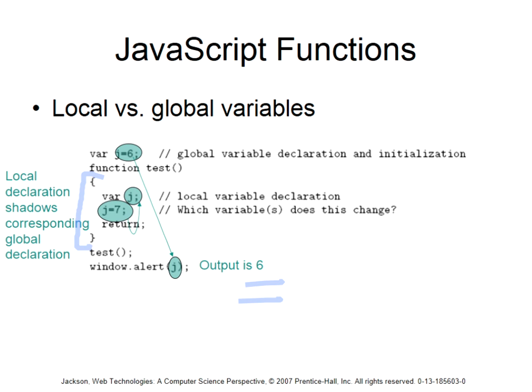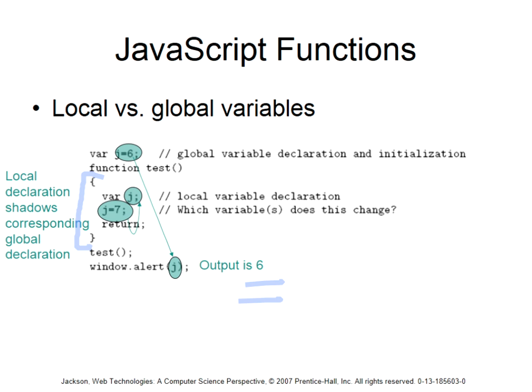Not clear? Okay. So here in this case, we want to explain the difference between local and global variables. Okay. So in this example, we use the same name of variable, g equals 6 in the program and g equals 7 in the function.